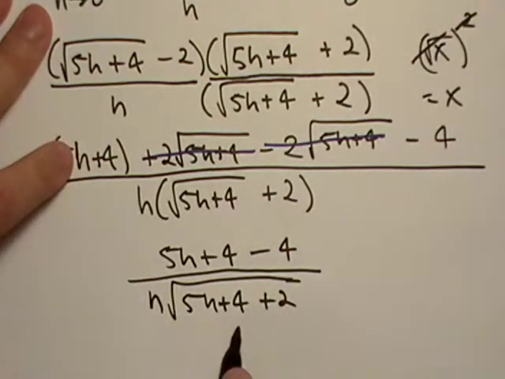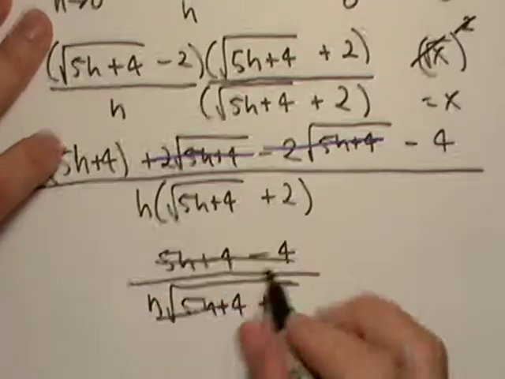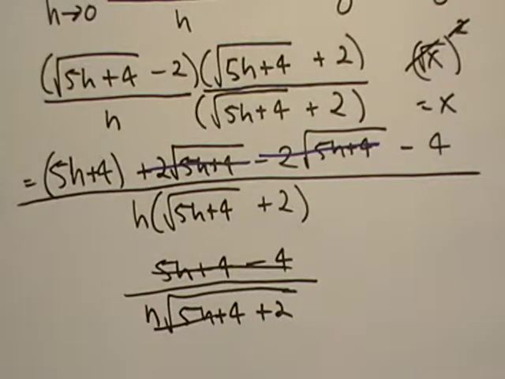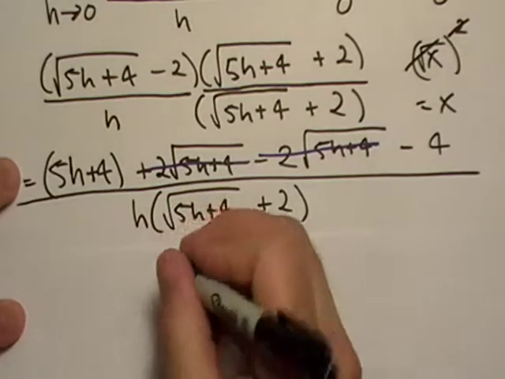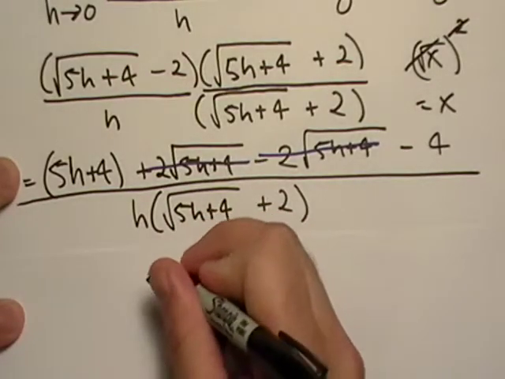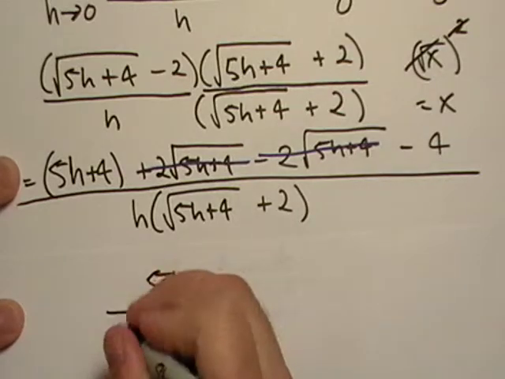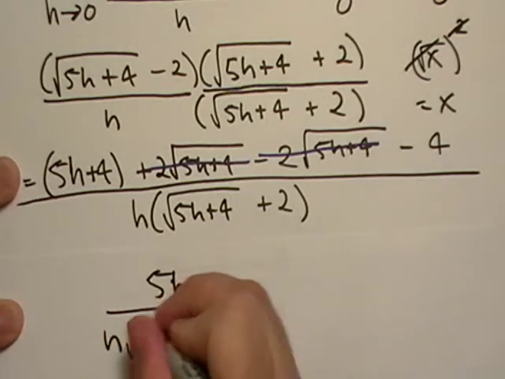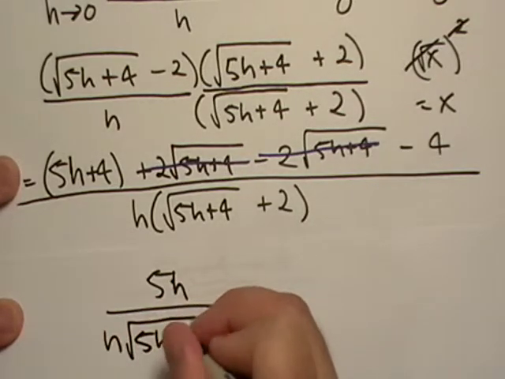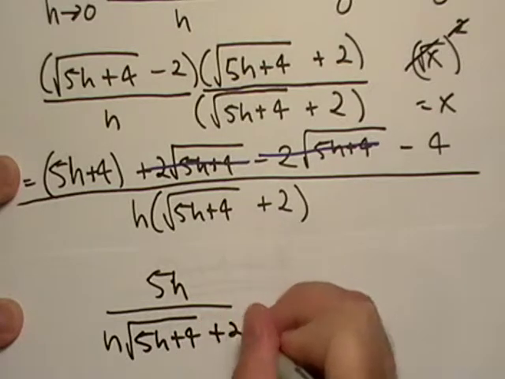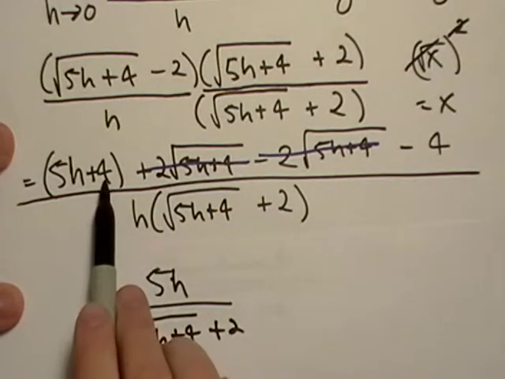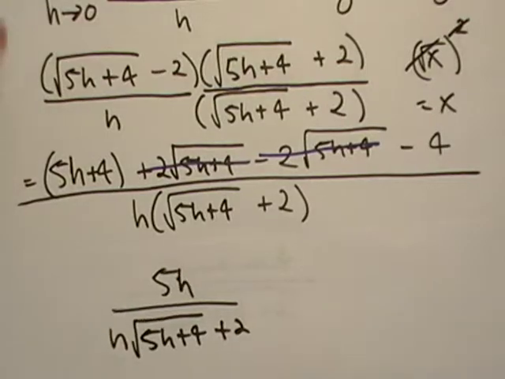Oops, I'm sorry. The 2 is not under the radical. Actually, let me just write that down on another piece of paper. So that is going to be 5h over h. Okay, so I end up with that because the 4 actually goes away as well.